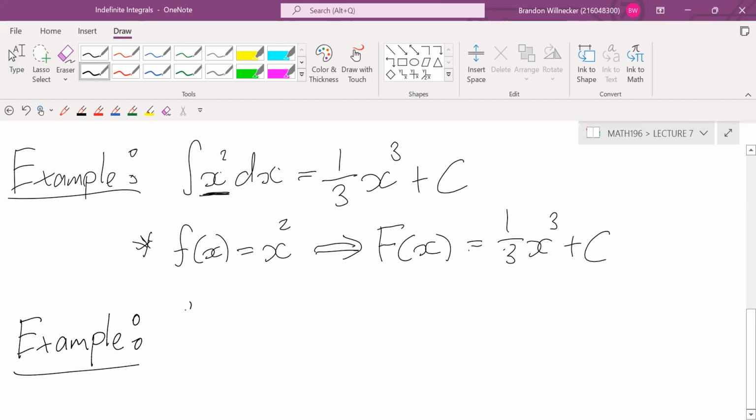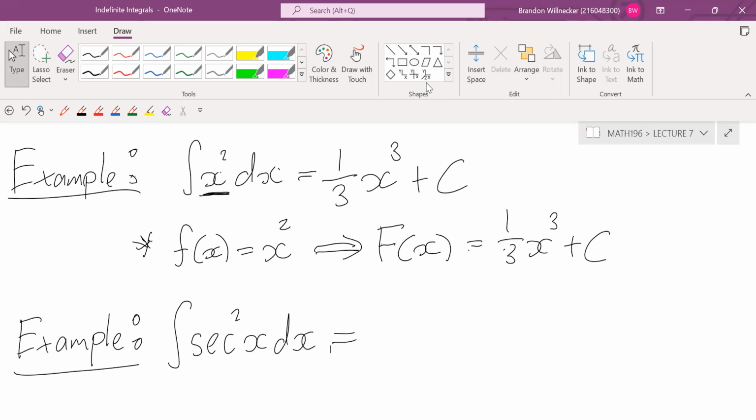So let's say we want to find the integral. From now on, I'm not going to say I want to find the antiderivative, because we know it's the antiderivative. I'm just going to say the integral of something. But you know, it means exactly the same thing now. So the integral of sec squared x dx is equal to, what do we get?